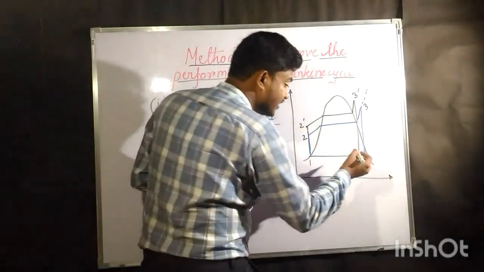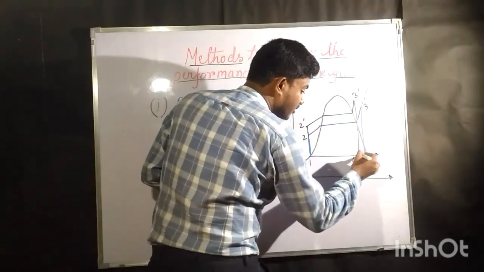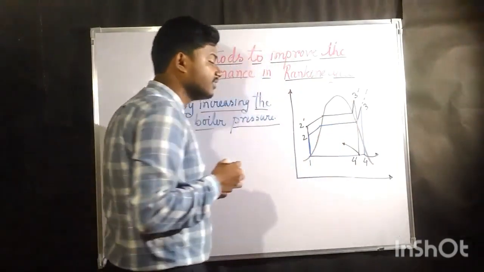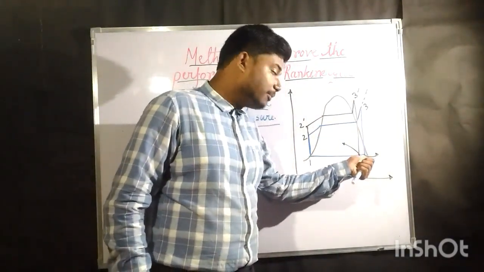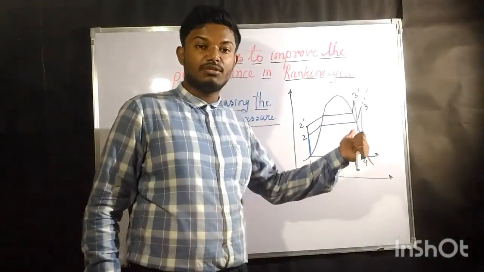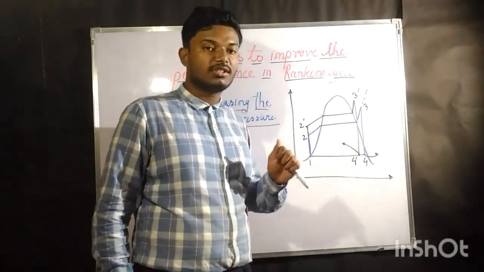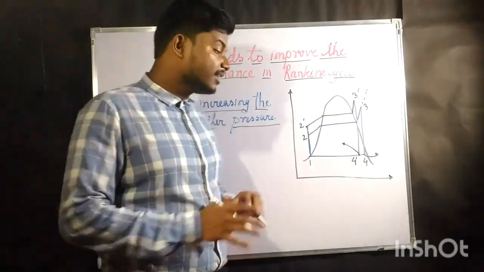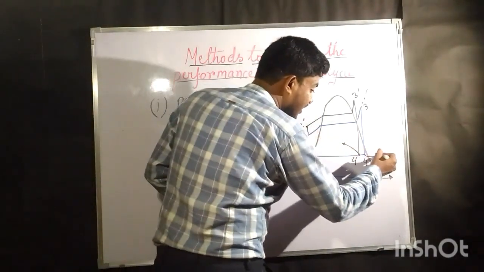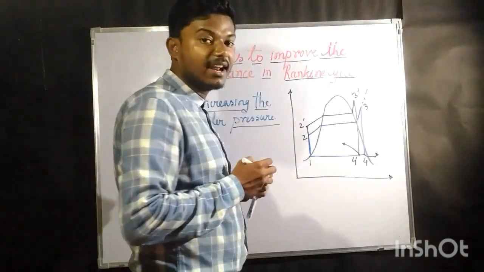The steam quality previously was better. Now the steam quality has come down, because at point 4 there is also a mixture of liquid plus vapor. At point 4 dash also it is a mixture of liquid plus vapor, but point 4 has a higher dryness fraction.